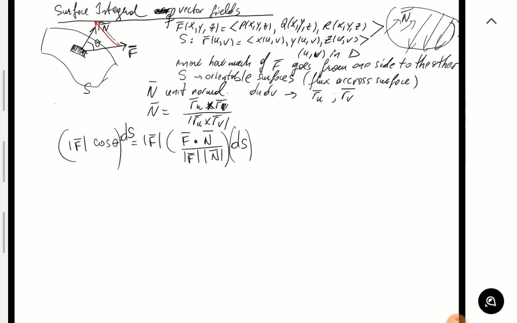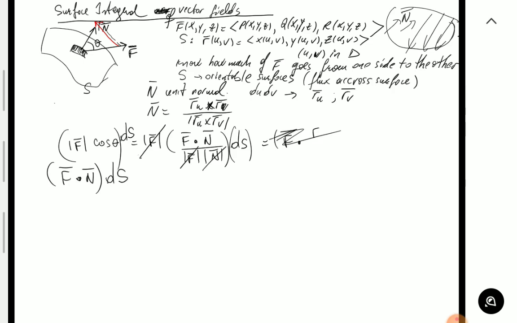Okay, now because the normal is, like the name implies, a unit normal, obviously the magnitude of n is going to be 1. So this cancels, the magnitude of F cancels as well. And let's now replace n with the formula for the unit normal. Let me do it in two stages here. Basically what we integrate is F dot n multiplied by the area of the patch.